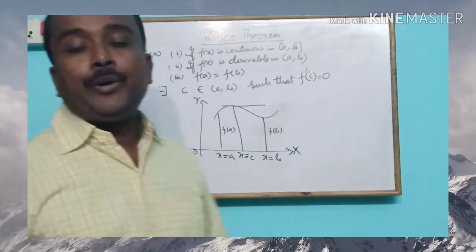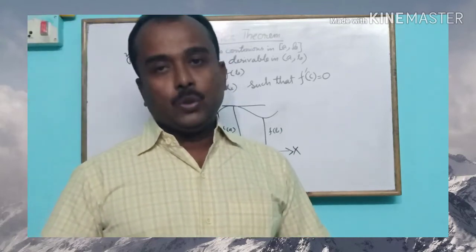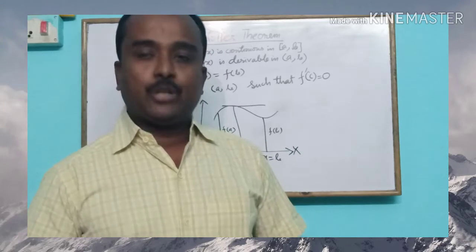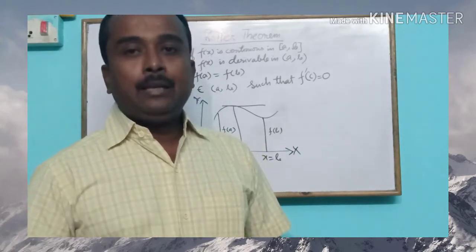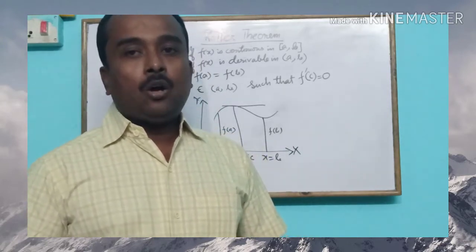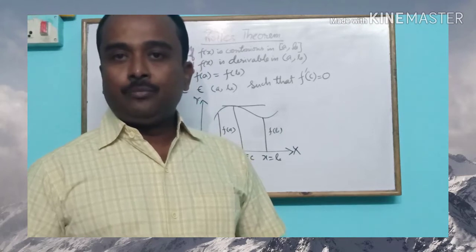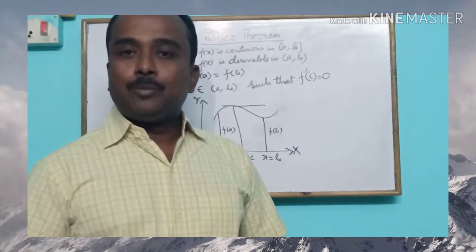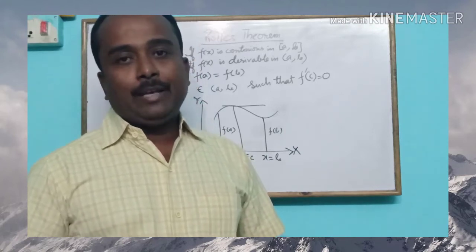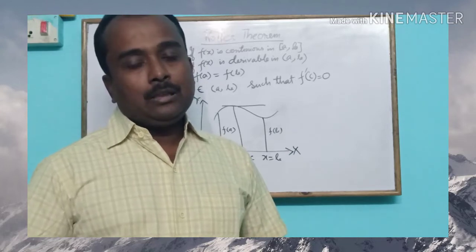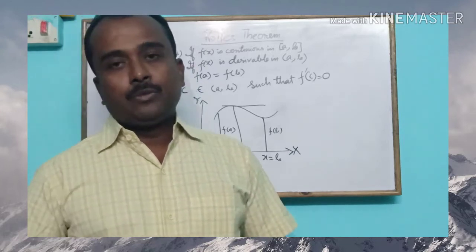This is the geometrical meaning of Rolle's theorem. I hope you have understood. Let us see a few problems based on Rolle's theorem and how Rolle's theorem is applied to verify whether a function satisfies Rolle's theorem. Let us see.